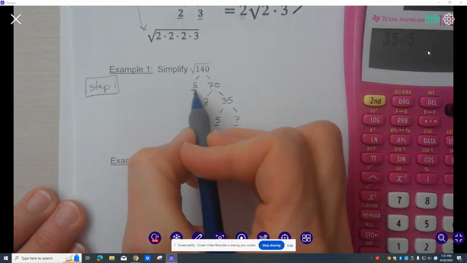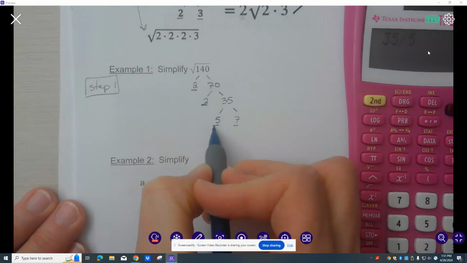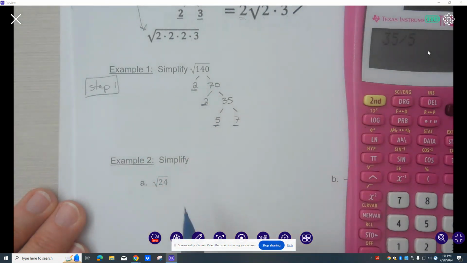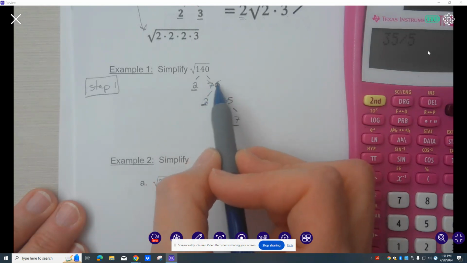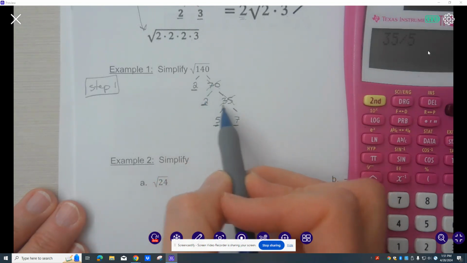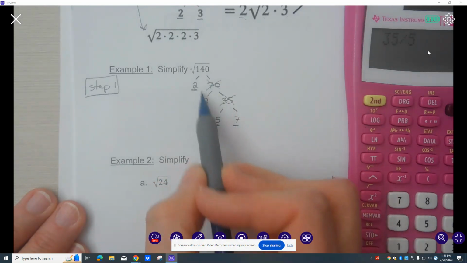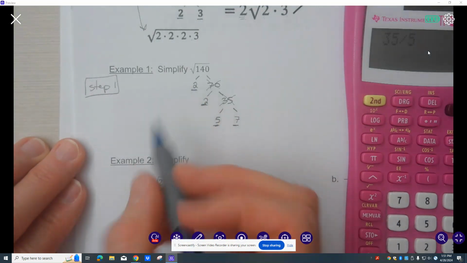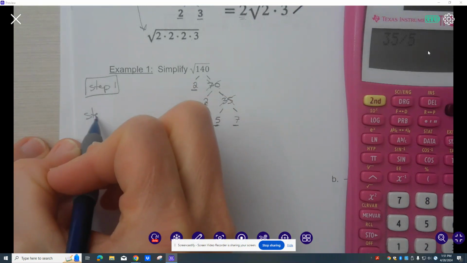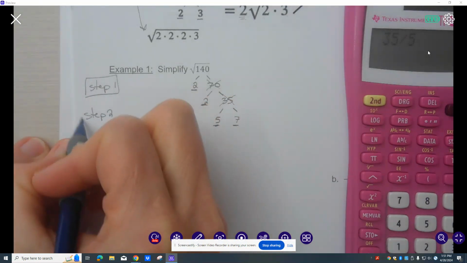So I want you to get in the habit of underlining all those prime numbers. Notice I'm not underlining these. Any number that you factored further, you can think, I'm going to cross that off and ignore it. This is what I want. I want all the prime numbers multiplied. So that's step 1. Step 2, and remember, pause the video if you need to.